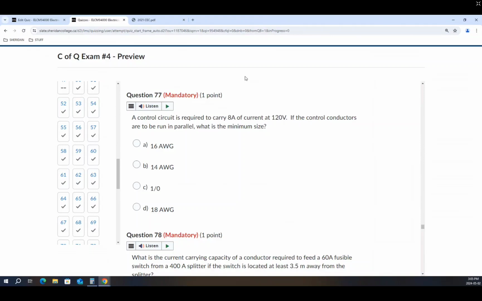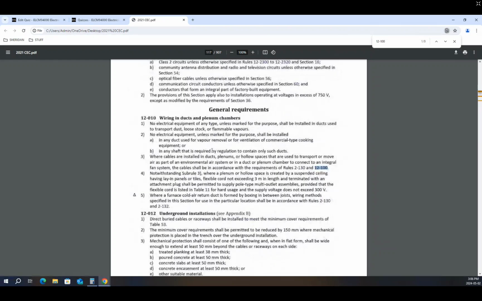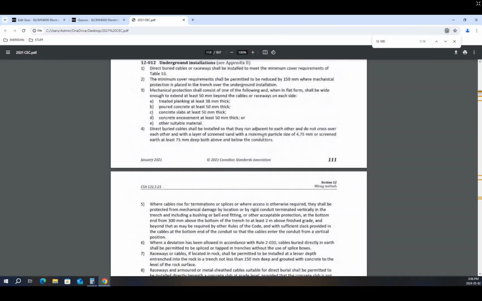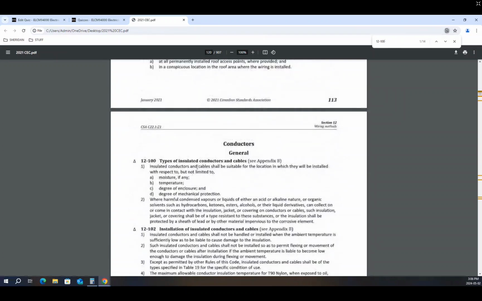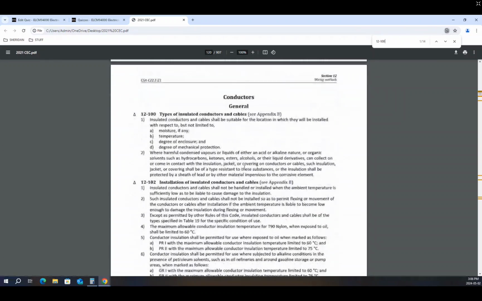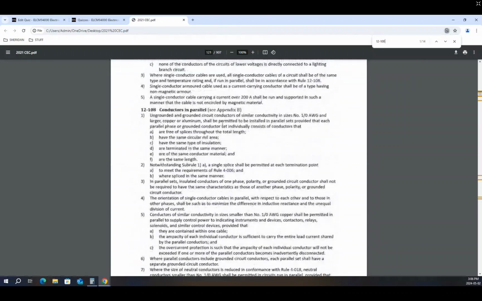Okay. So conductors in parallel, ungrounded.